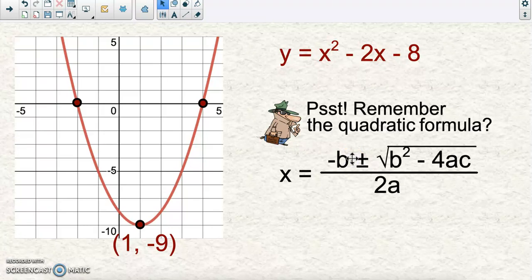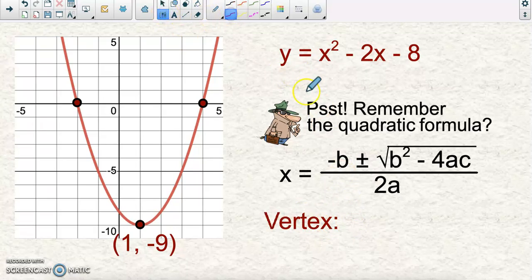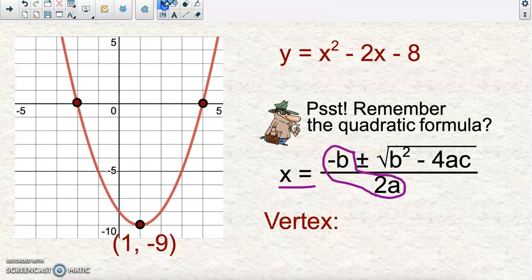It turns out that the vertex can be found by just this part of the quadratic formula. The x value of the vertex is simply negative b divided by 2a.